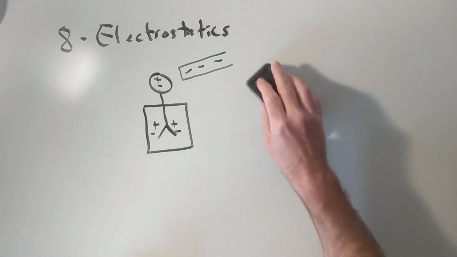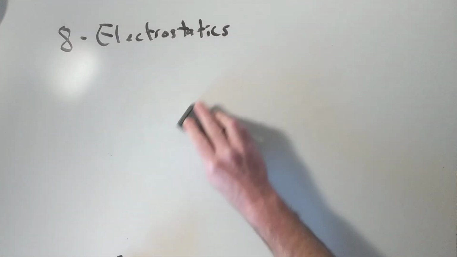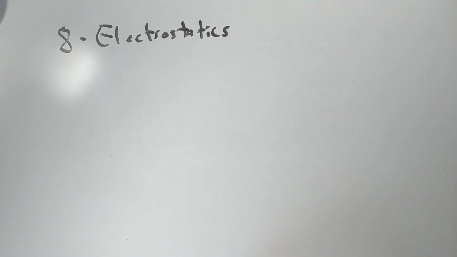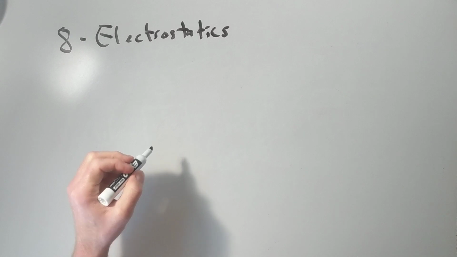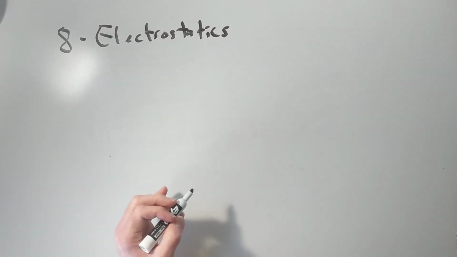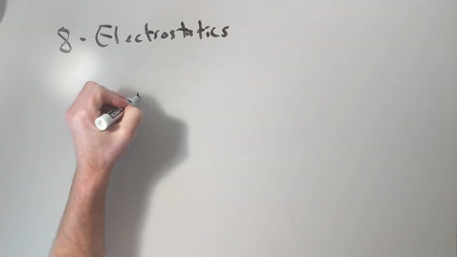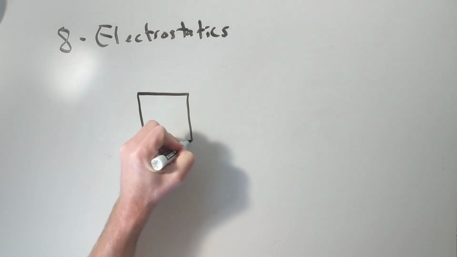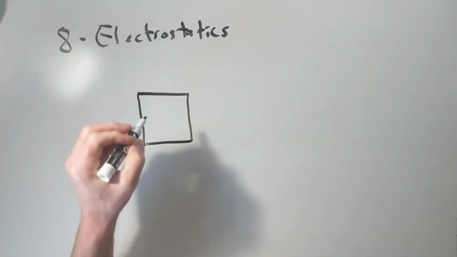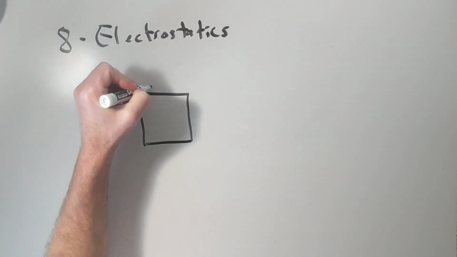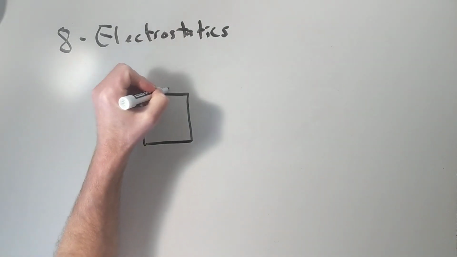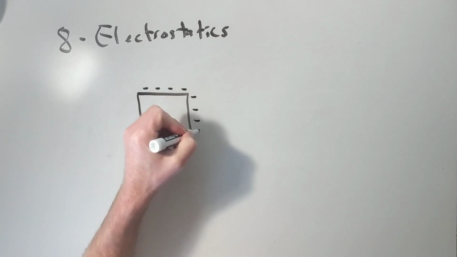Another big idea that comes in here is that you can shield from electric fields and charges. The typical example we would give is a car with a metal frame. If you have some kind of metal box and you put charges on it, the charges will remain on the outside.